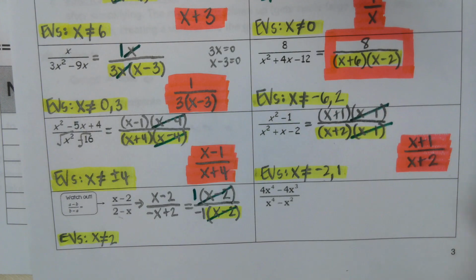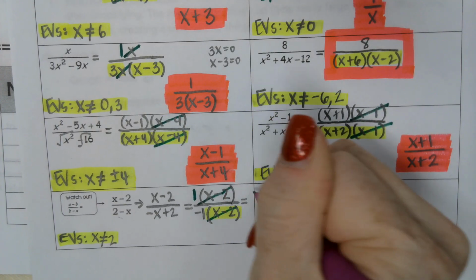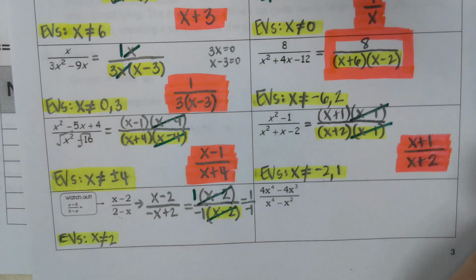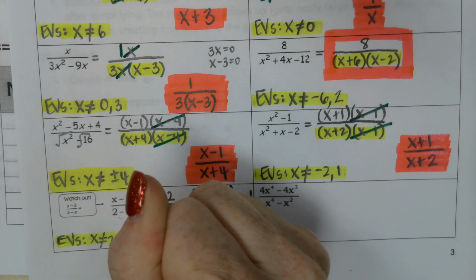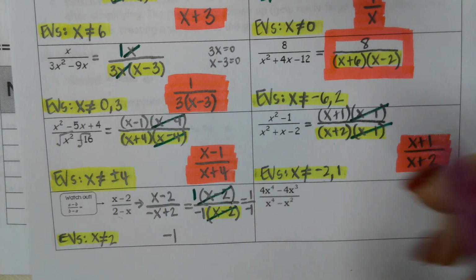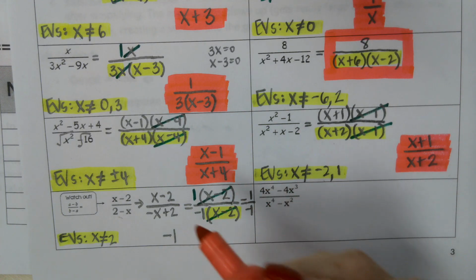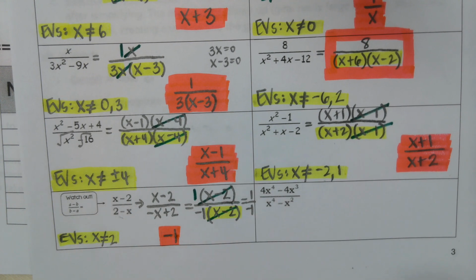A 1. And do y'all see how this is 1 divided by negative 1? What's 1 divided by negative 1? Negative 1. 1 divided by 1 is 1. 1 divided by negative 1 is negative 1. Okay?